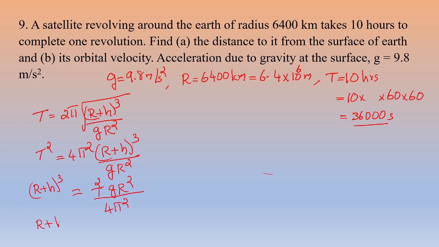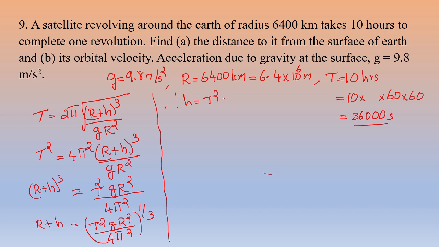So what is r plus h? Taking the cube root on both sides, T square g r square divided by 4 pi square, raised to 1 by 3. Therefore, what is the value of h? h is equal to T square g r square divided by 4 pi square, all raised to 1 by 3, minus capital R.